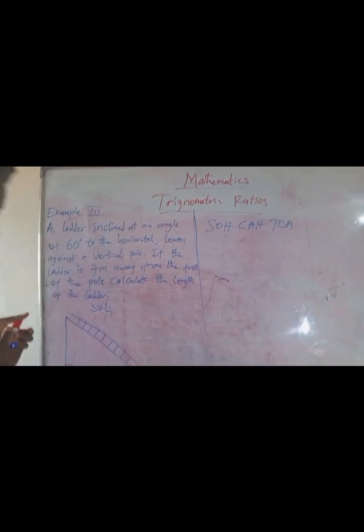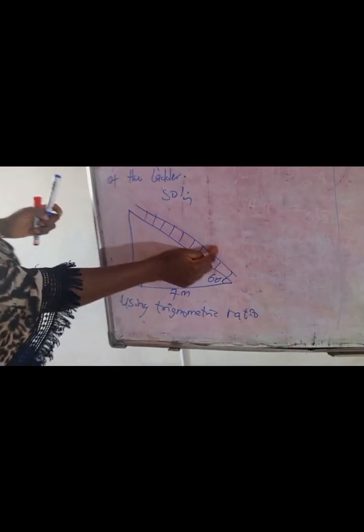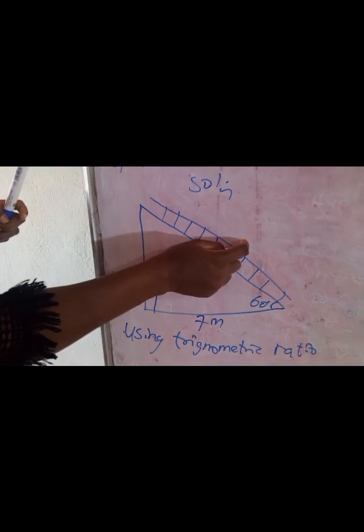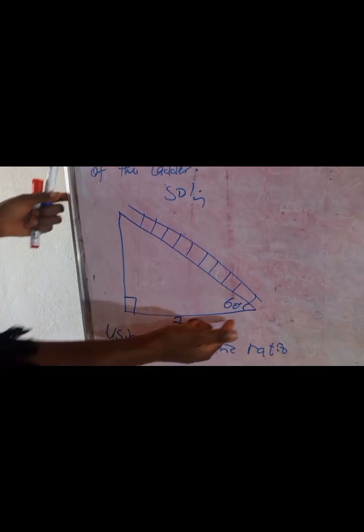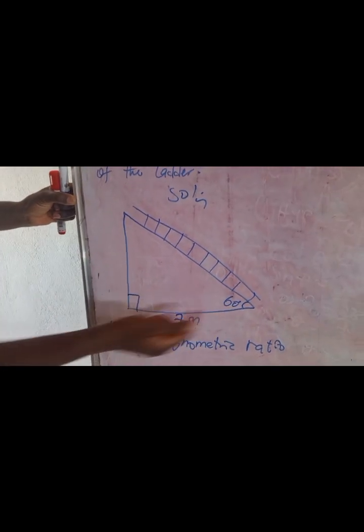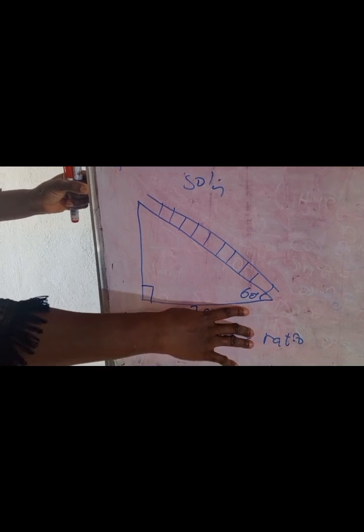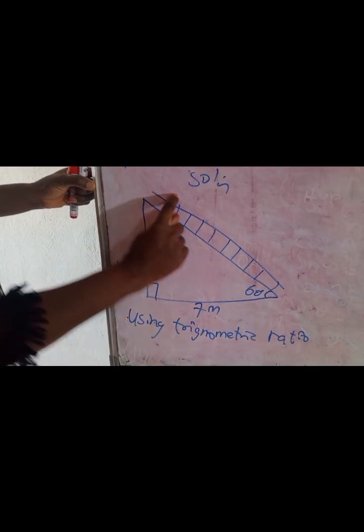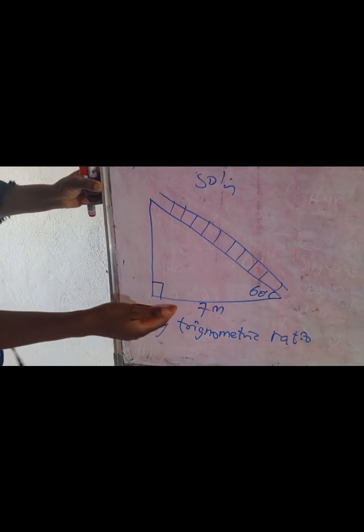Then you look at this, you find out that what we are looking for is the length of the ladder that we are asked to find. They say calculate the length of the ladder, which is here. Then this side that is given to us is the adjacent side. Can you see it? So the length of the ladder is the hypotenuse that we are looking for, but they gave us the adjacent side.